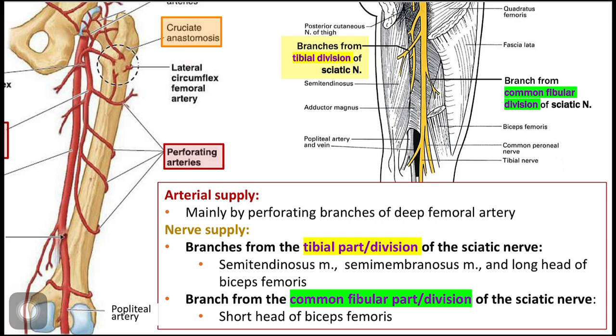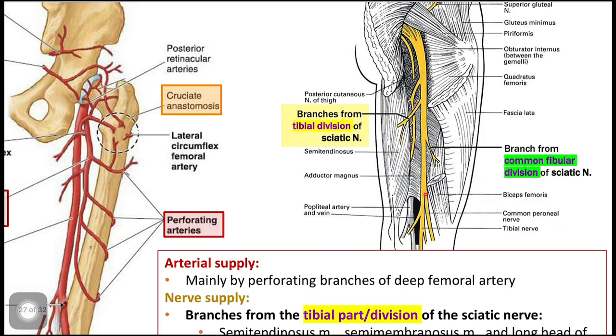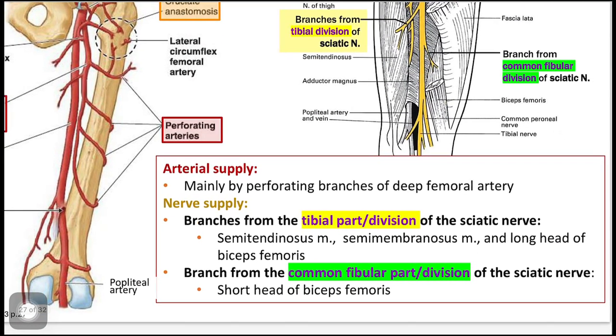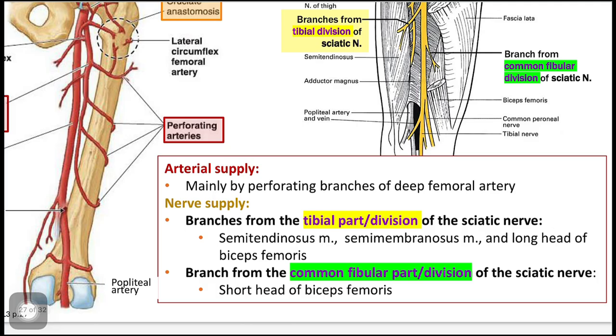Even if the bifurcation is down to here, we still call it the tibial division, or the medial division, of the sciatic nerve that supplies the hamstring muscles. Be specific: the semitendinosus, semimembranosus, and the long head of biceps femoris. Only the common fibular division of the sciatic nerve supplies the short head of the biceps femoris.